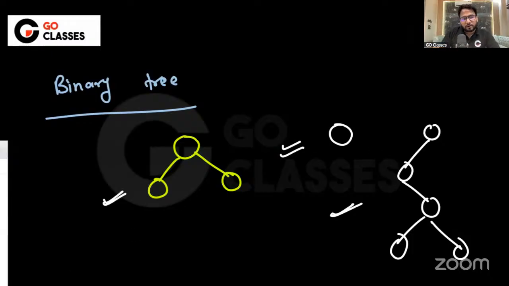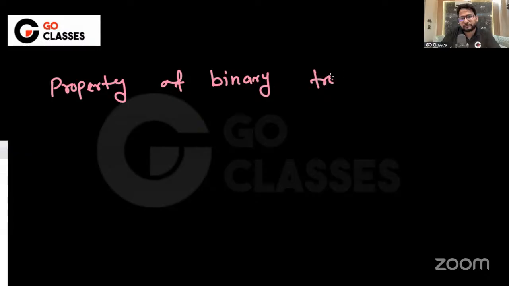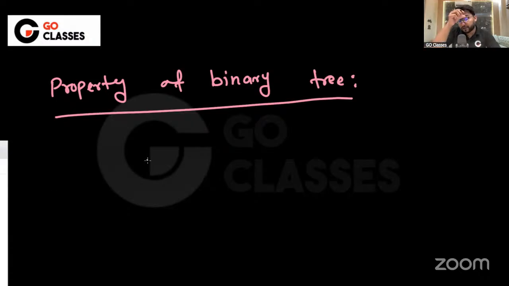Now let's move to one property of the binary tree. Based on this property, many PYQs have been asked.